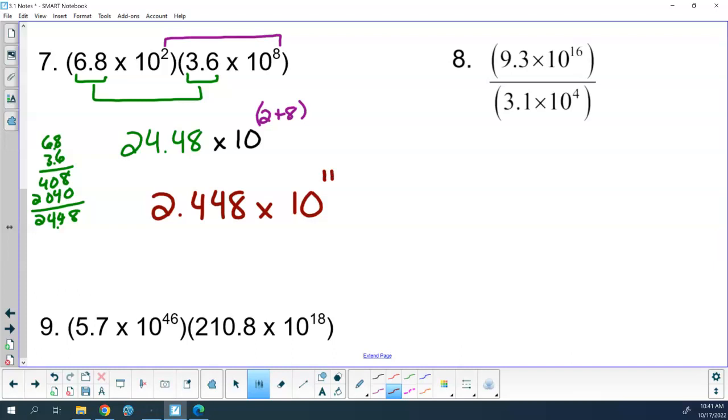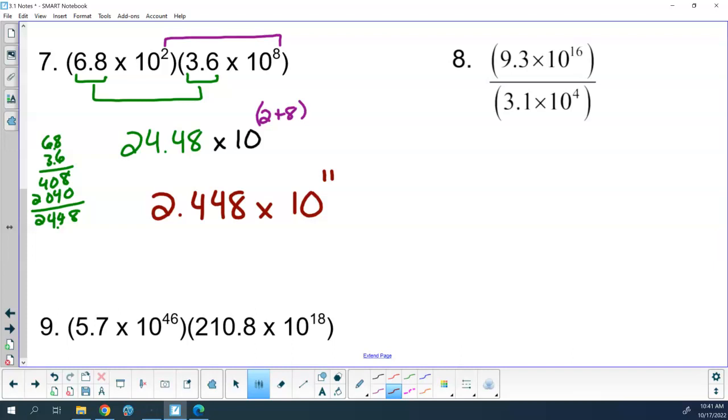Okay, so now what would the long version of that be? Without the 10 to the 11, you would have 2448 and 8 zeros after it.